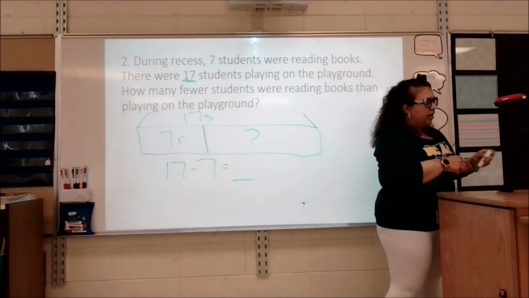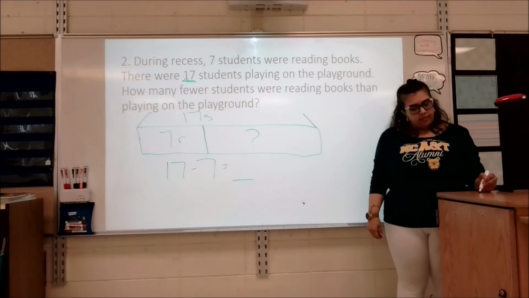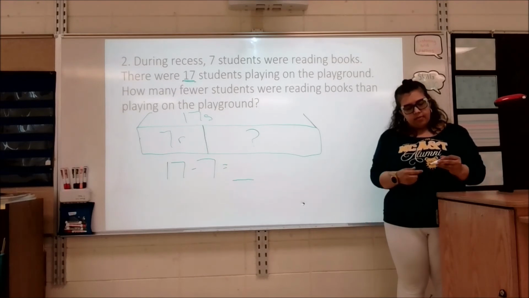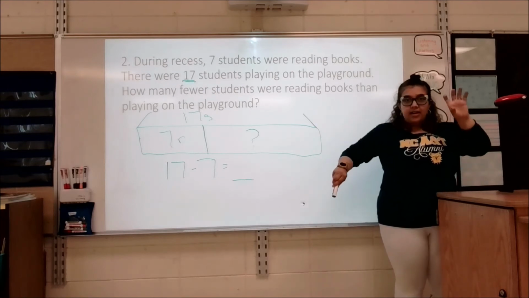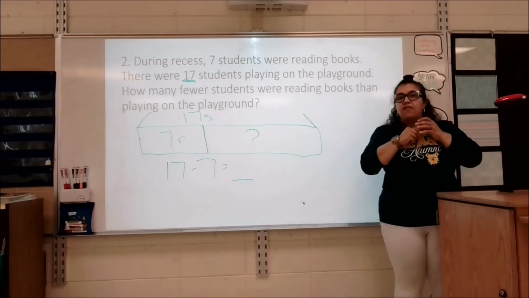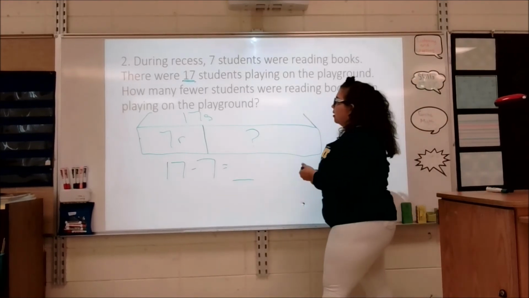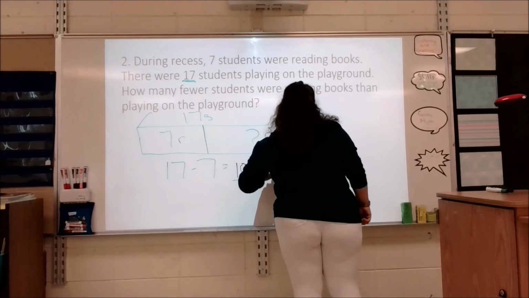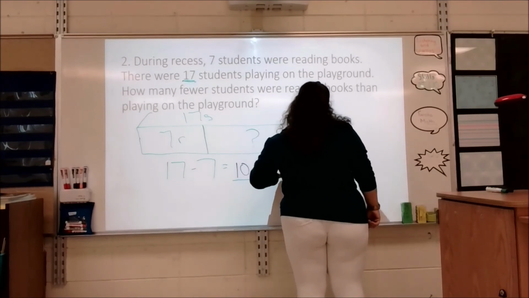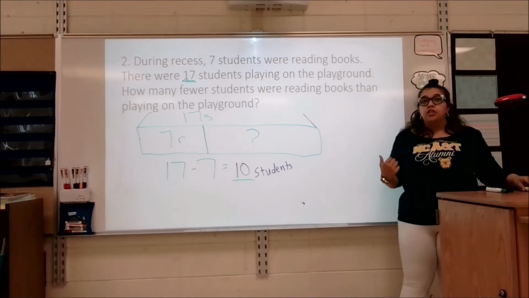Because 17, what is 17 the Say Ten way? 10 and 7 ones. If I subtract 7, that leaves me with 10, in this case, students. That leaves me with 10 students.